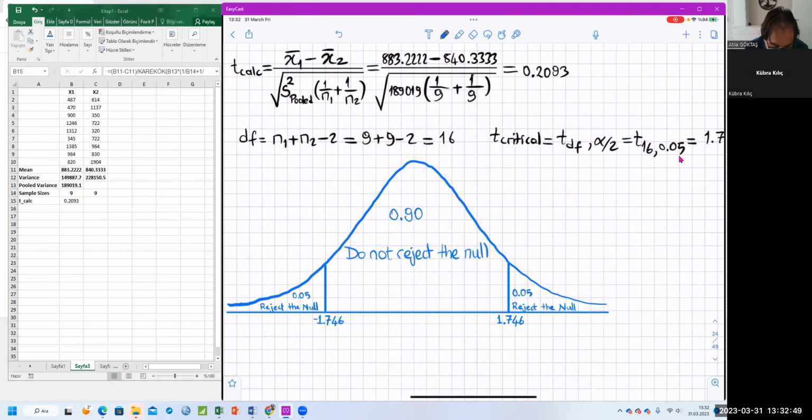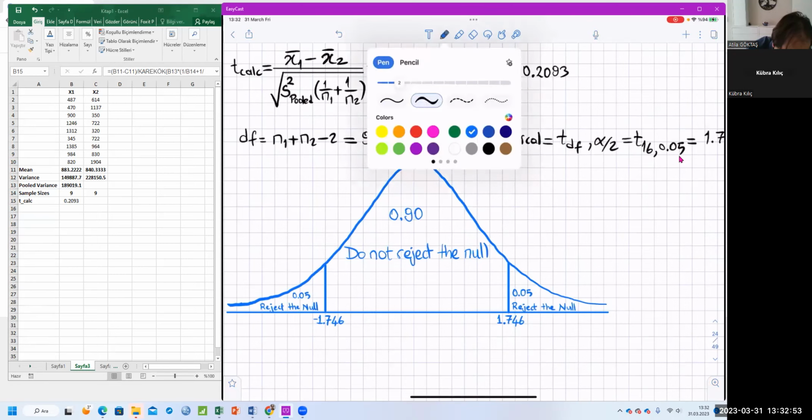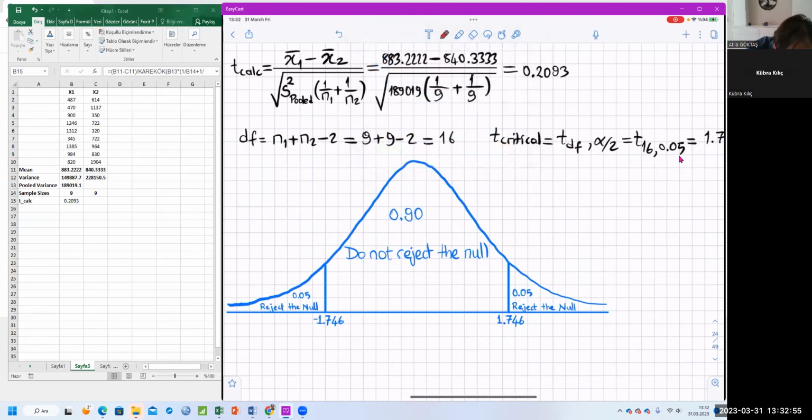Okay. So the calculated statistic is simply, let me draw you. This is the center. The center is 0, and the t-distribution as well.